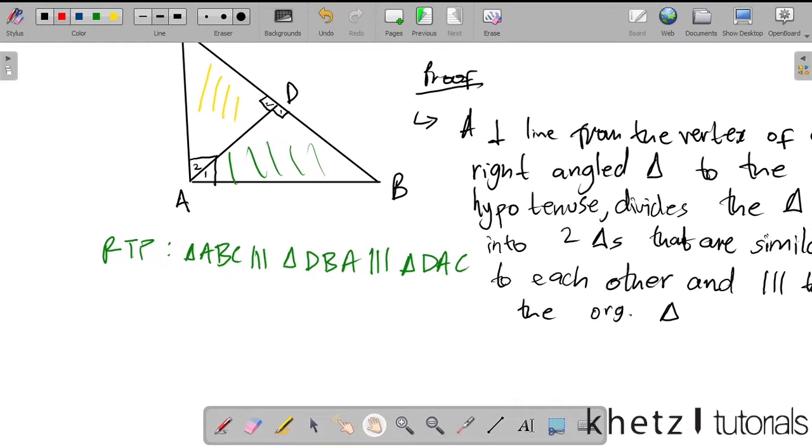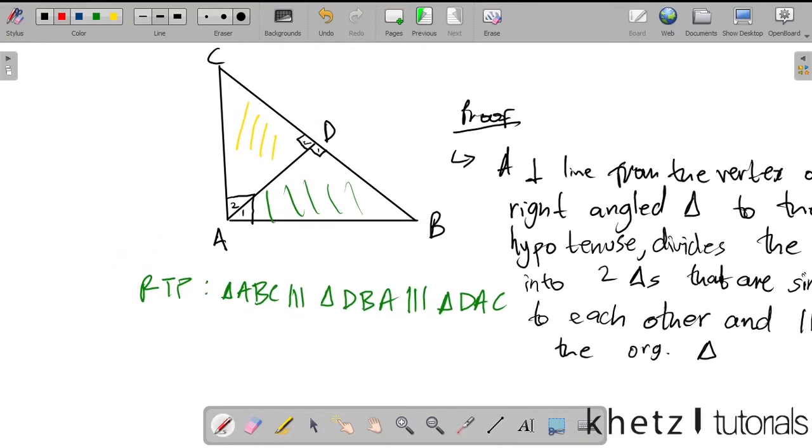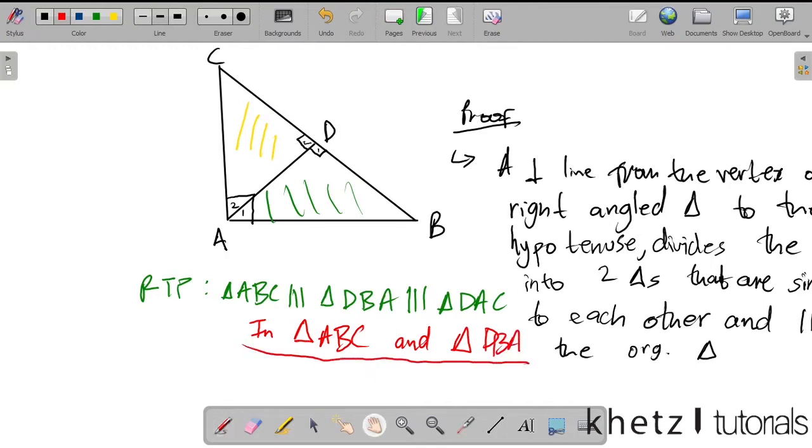So to start with, we're going to start by looking at triangles. So in triangle ABC and triangle DBA, let's look at these two first. So ABC is a big one and DBA is the green one, which I highlighted by green.